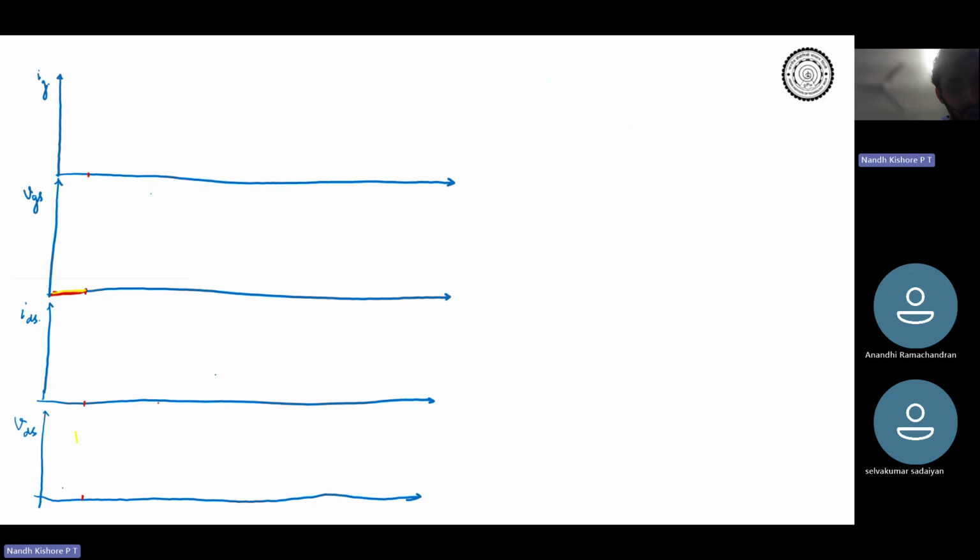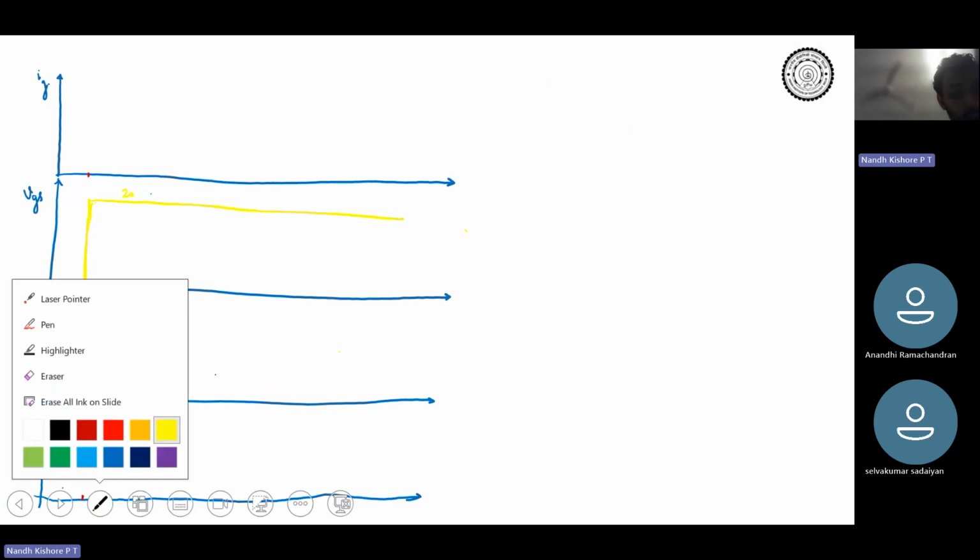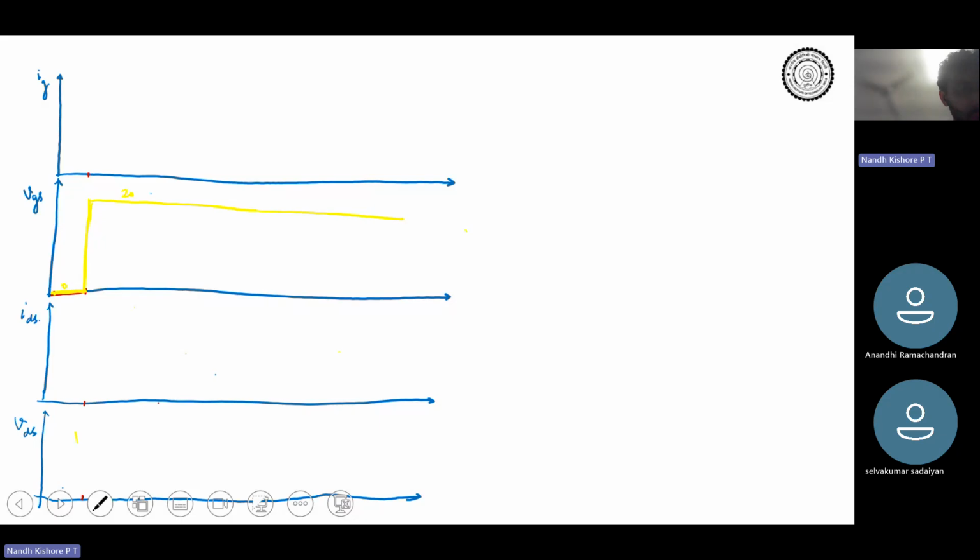So your VG was initially VE, and at this point, I gave a VG which went from 0 to 20 volts. Okay, and we wanted to see how VGS would look like, correct? So VGS was 0, and then we saw that it slowly increased till V threshold.